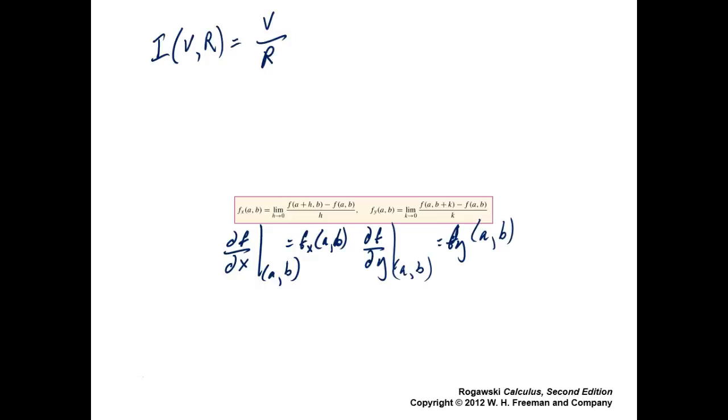Now, if we had said this f function here would also be your z variable, then you could write this as partial of z with respect to x, or partial of z with respect to y. And what it means there is, how is z, or the function, changing when only the x is changing, and how is it changing when only the y is changing? And that will give you that.